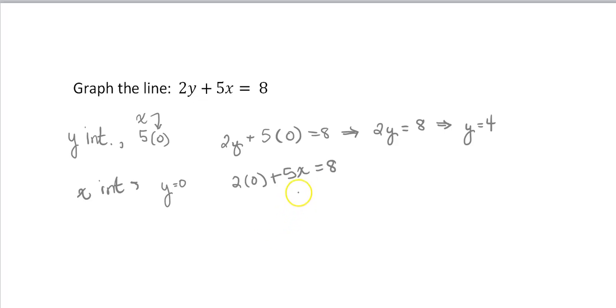And here I'm going to have my x equals 8/5. This might be a little challenging to plot, just because when you break that down, that winds up becoming a 1 3/5, which is a little more than 1.5.